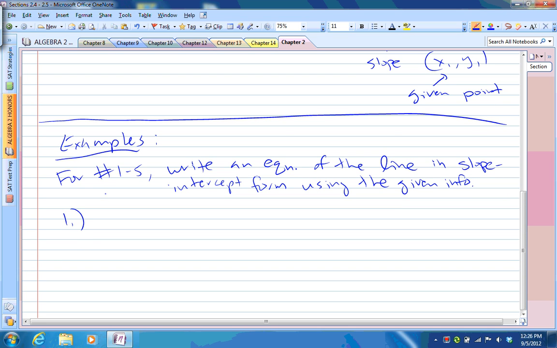So here will be the given information. So that's number 1.